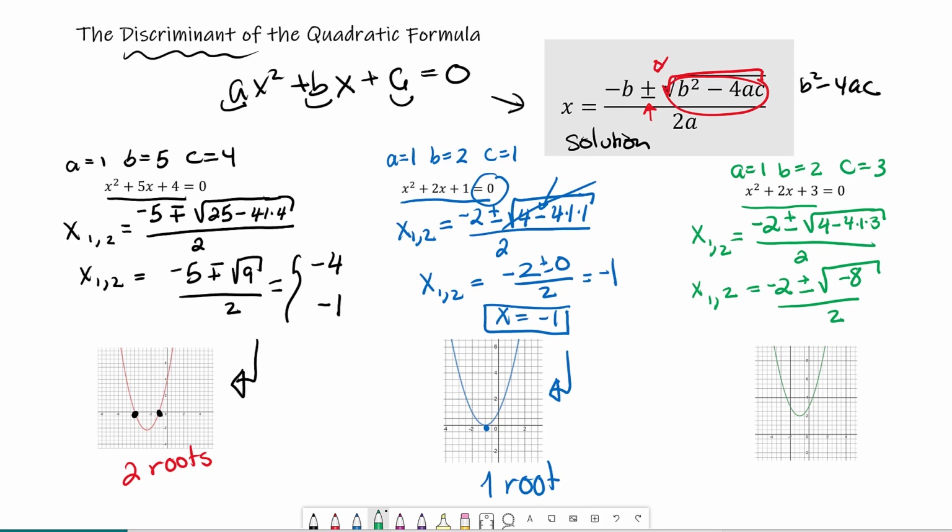We know that no number squared will give us a negative, and therefore we don't have any solutions for this equation. We can't find any real solutions. What does that mean? There are no real numbers, right? Any number between negative and positive infinity squared will not give a result that is negative 8.